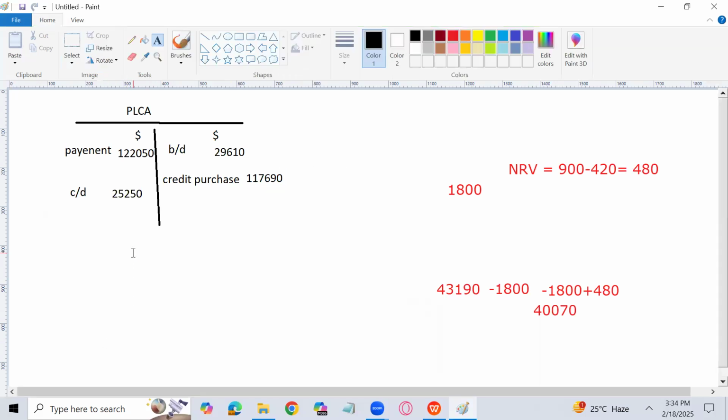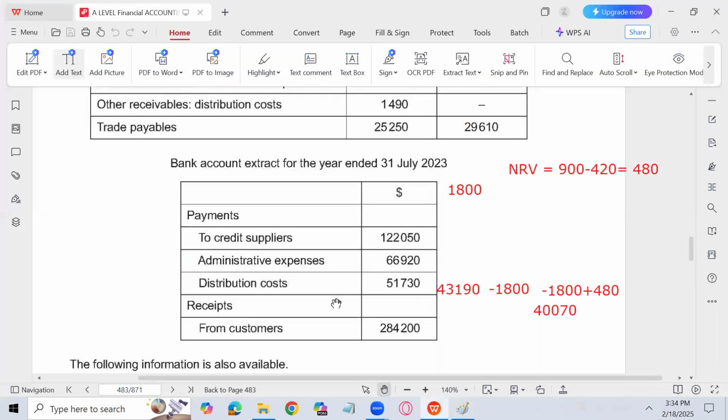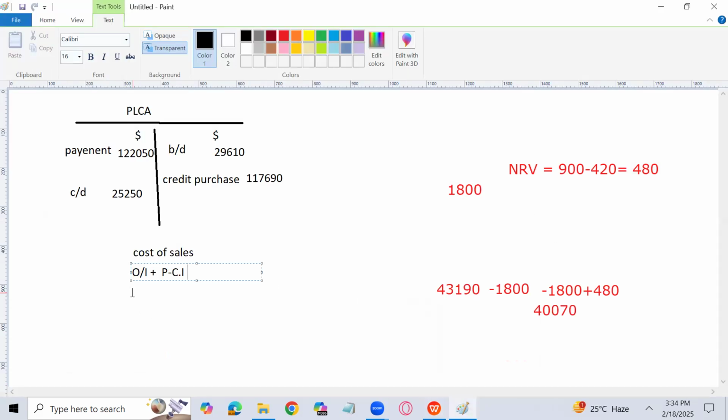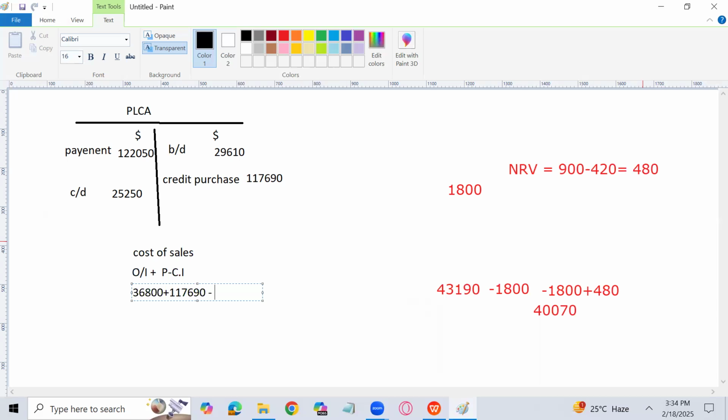Because in the question, it has been written that you have to find the correct value, the answer of the cost of sale. So cost of sale is equal to opening inventory plus purchases minus closing inventory. There's not that much issue in that. So opening inventory is 36,800, plus purchases, which we have calculated, 117,690, and the closing inventory is 43190.